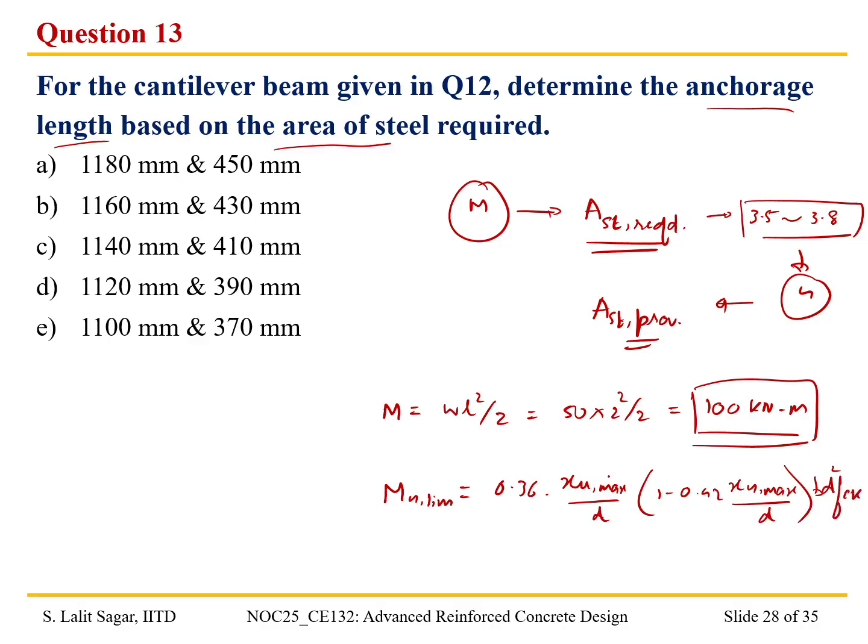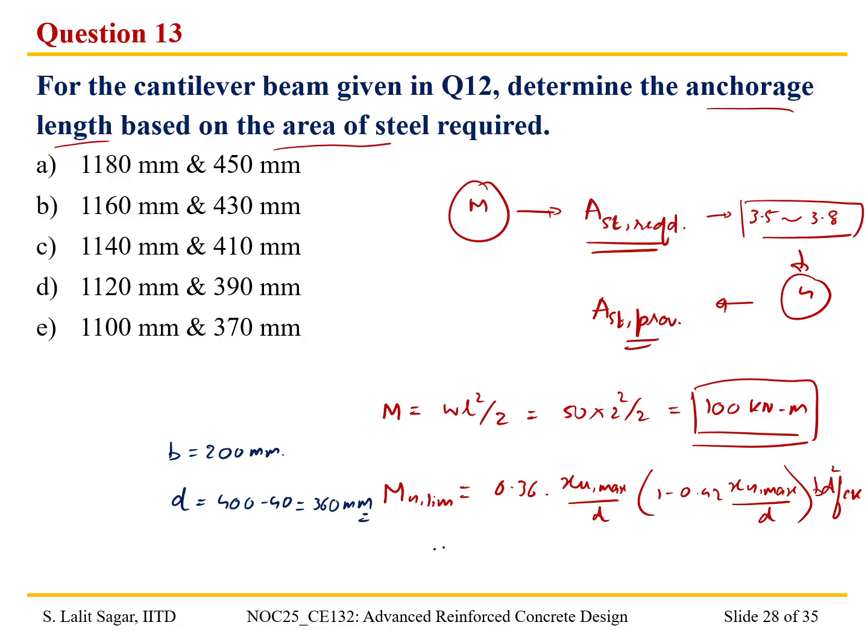So when we actually do the calculation, let me write down the values just so that we are not lost over here, right? So we don't feel lost when we are doing the calculation. b is equal to 200 millimeter and d is equal to 400 minus 40, which is the effective cover, that is 360 millimeter.